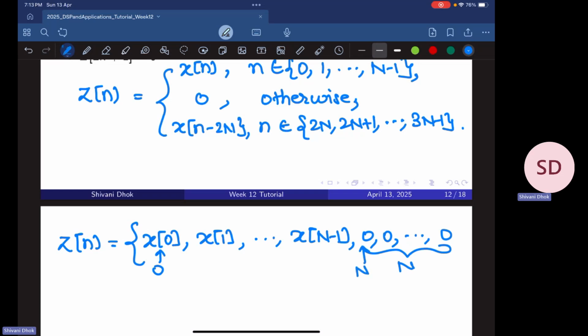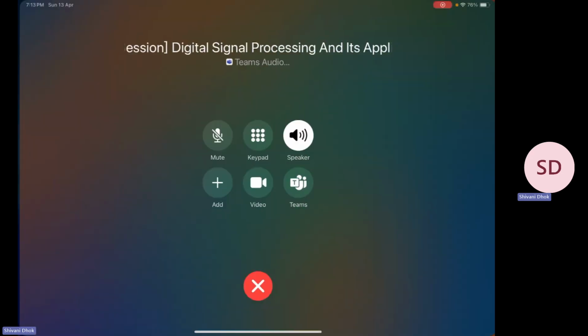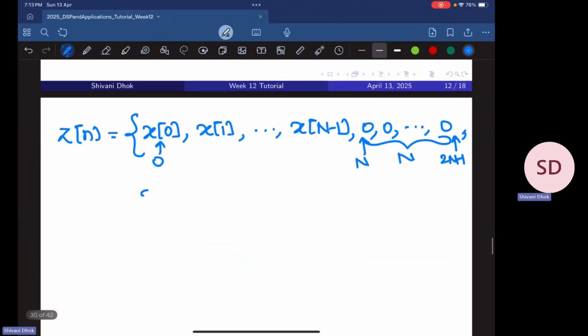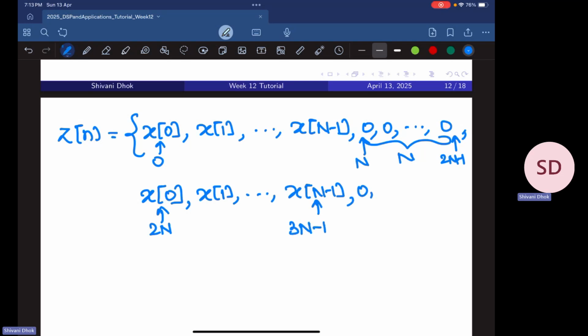This is N, and this is 2N minus 1, and then we have x of 0 at 2N, then x of 1 and so on till x of N minus 1. This is at 3N minus 1. Then again we have zeros. This is at 4N minus 1.